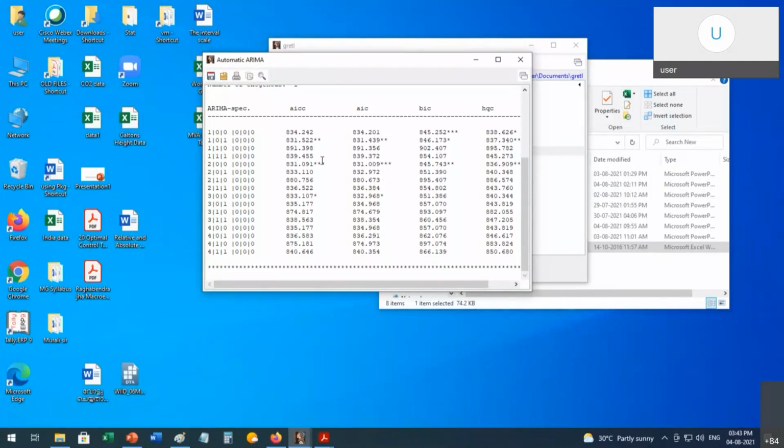So out of these two, the information criteria favor ARMA 200, this one. So now we can go back to that ARMA specification, and there we can give 200 and then estimate the particular model. What the idea? Is it clear?